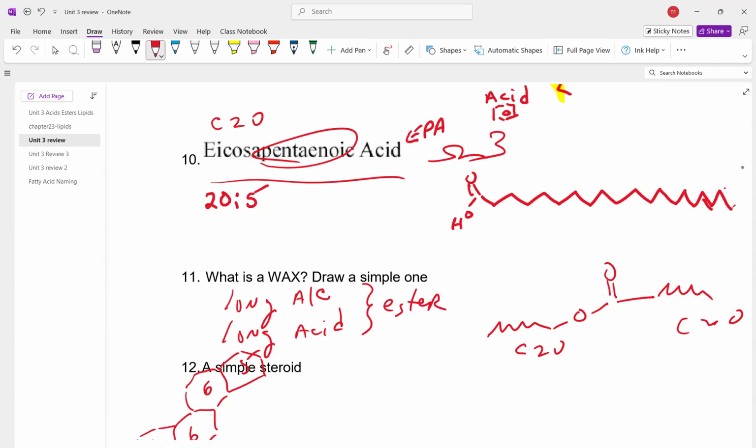We just drew a trans double bond, so we'll put the trans in and switch it over to cis afterwards. You can also write it as all trans, because I didn't say what it is. I just said draw it. You can draw them all trans or alternate cis and trans. It really doesn't matter. But if it's EPA, it's all cis. Okay, so now we're going to alternate.